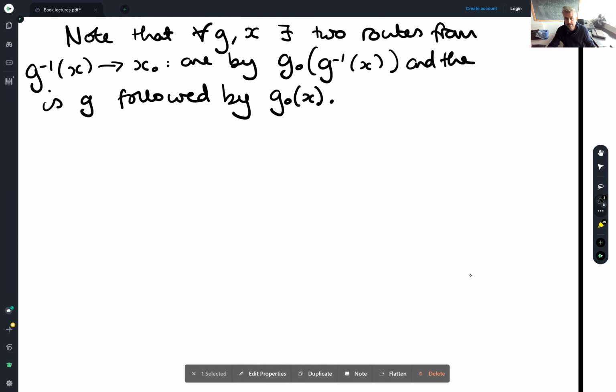The difference between these two is some element of the little group, which turns out to be the function we want.